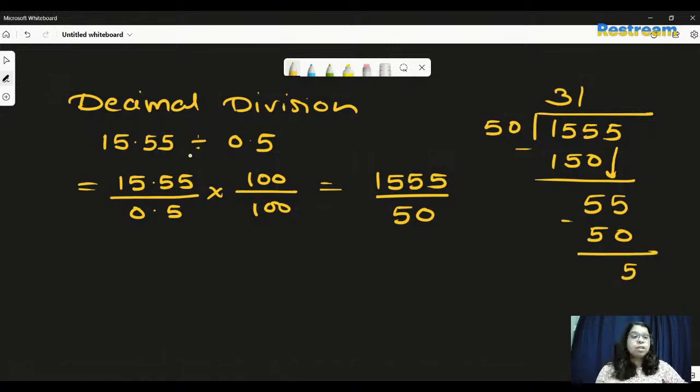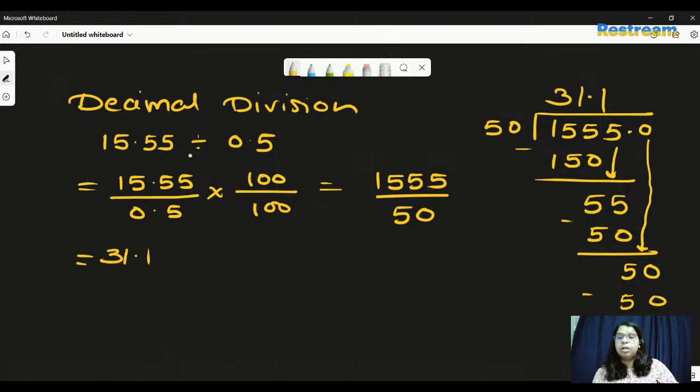Now I'm going to assume that there is a decimal point over here and I'm going to add a 0. Since we are starting with a decimal point here, we are going to put a decimal point over here and this 0 is going to come here. So 0 times 1 minus 50 and 0. So our final answer is 31.1.